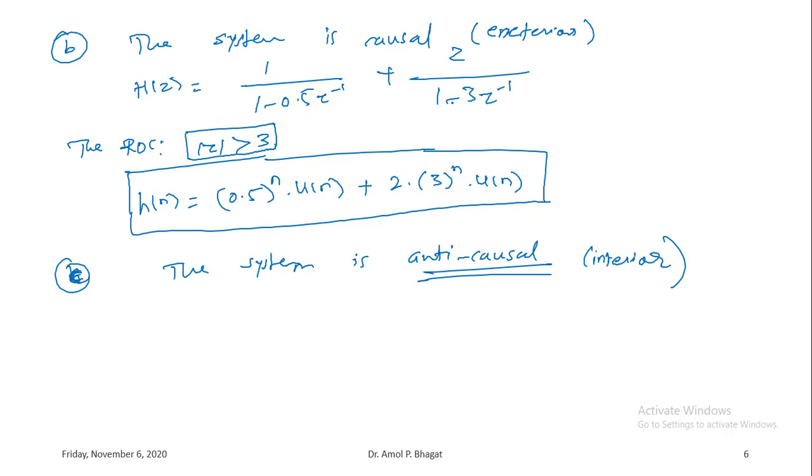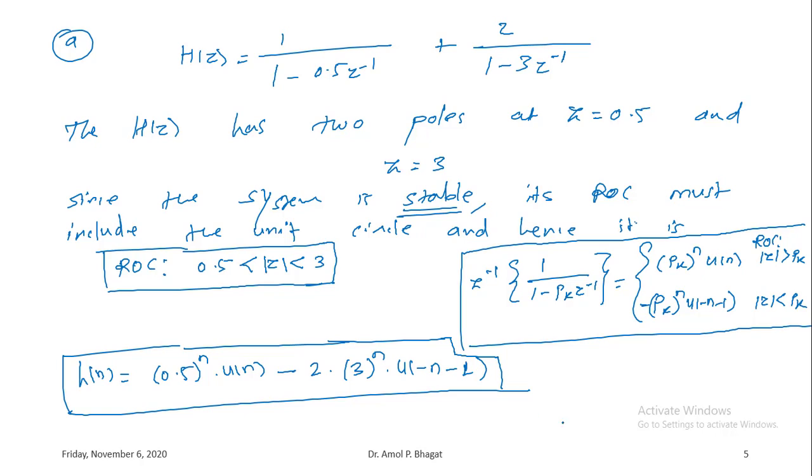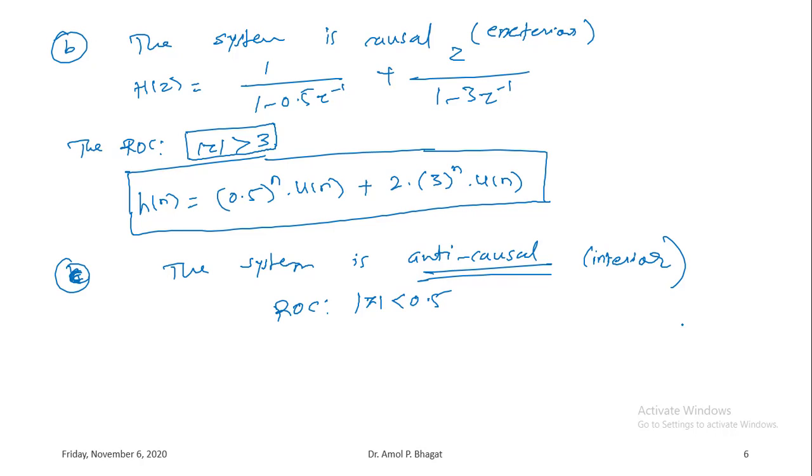Again h of z will be this one. It has two pole values, 0.5 and 3, so the ROC will be interior to the circle, so it should be mod z less than 0.5. As this ROC value is less than both pole values, the second form will be applicable here.